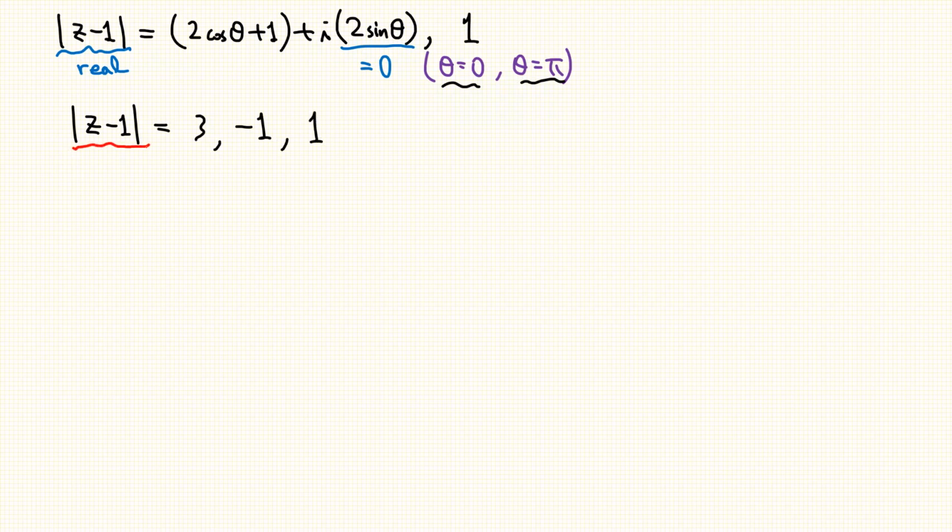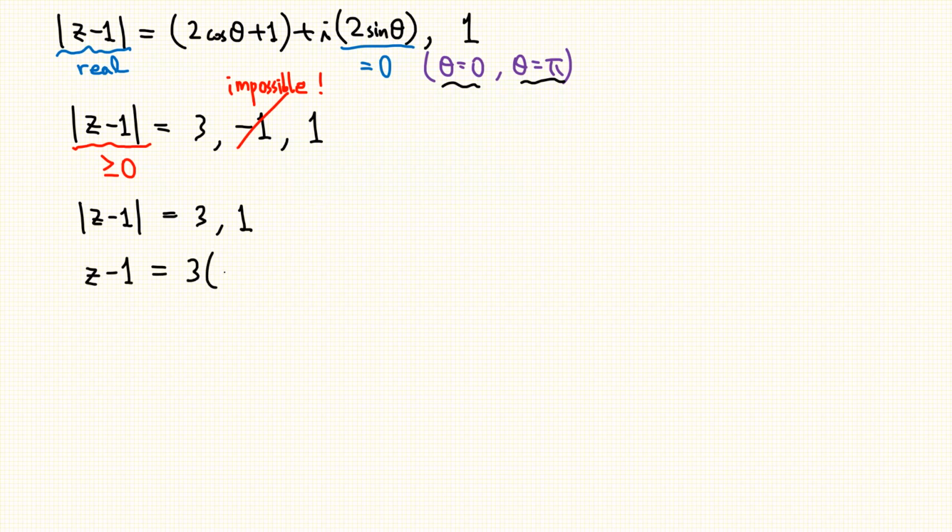Here, this absolute value of z minus 1 is non-negative, which means that the case that this value equals minus 1 is impossible. So we only have 3 and 1, so therefore z minus 1 equals 3 times cosine theta plus i sine theta, or cosine theta plus i sine theta.